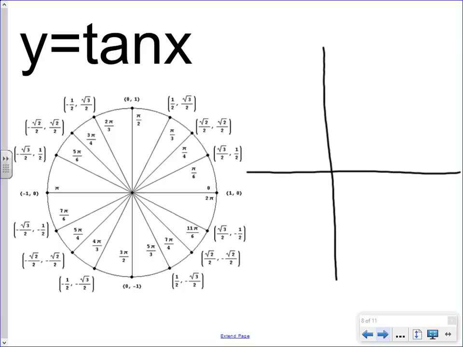Let's start at 0. What's the tangent at 0? Zero. Thank you.